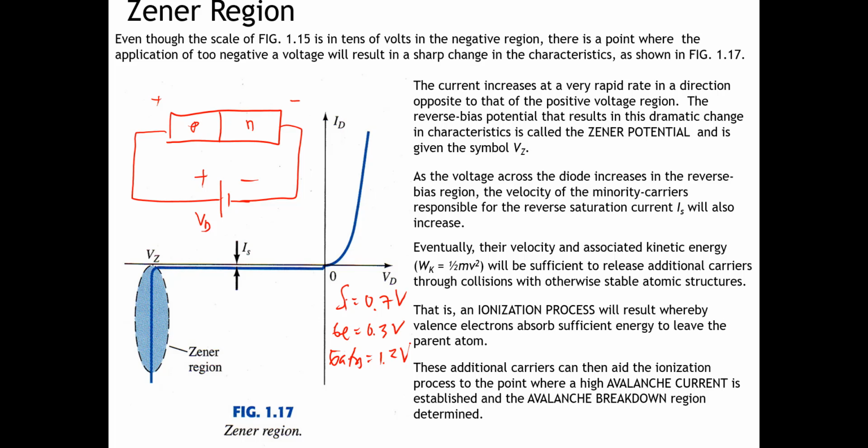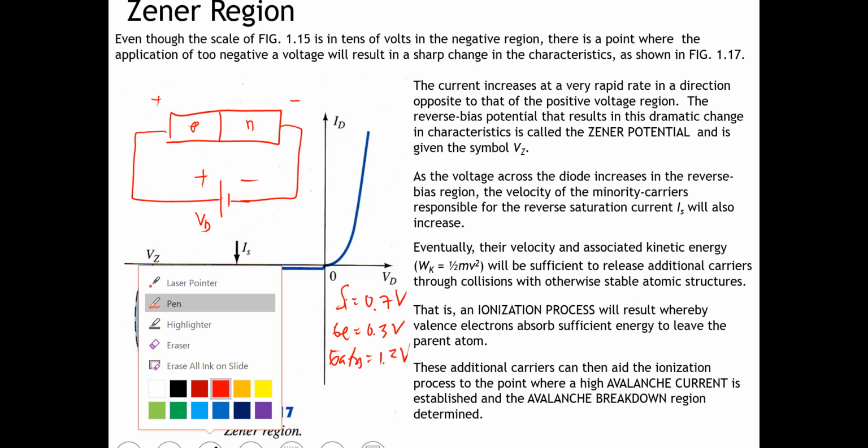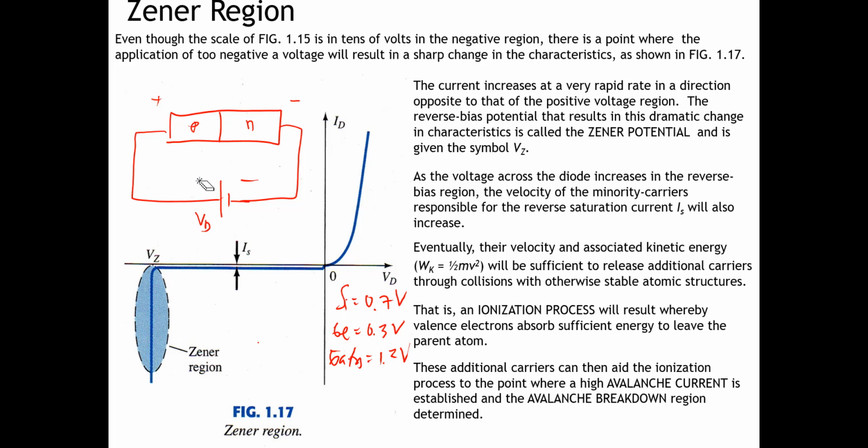But in the Zener region, we put a very large negative voltage here, which means we are not using the positive bias condition but the negative bias condition. We connect like this, the p-type to negative and the n-type to positive.